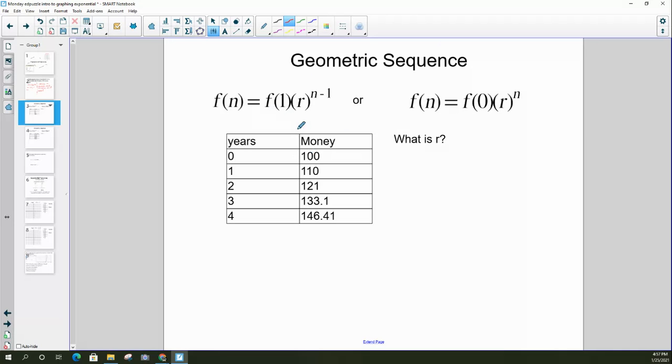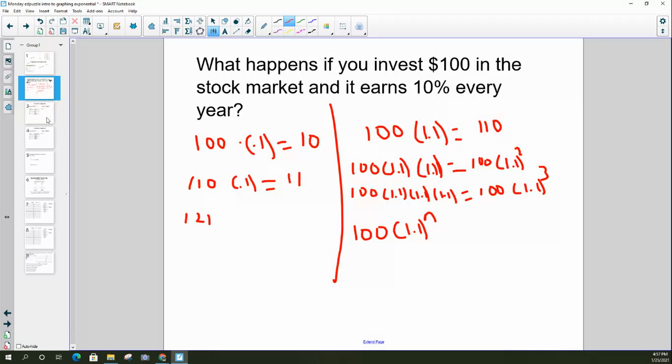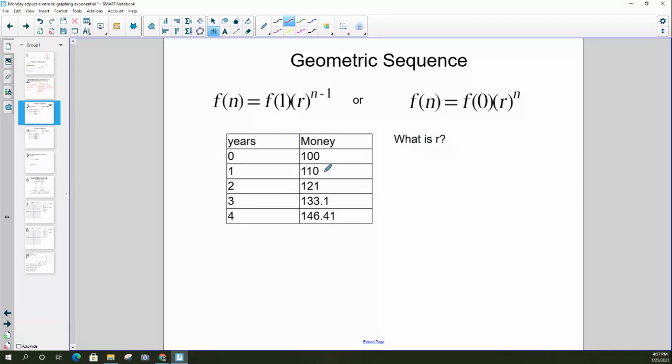Okay, how do we find r? We already know from the previous problem r is 1.1. But how do we figure that out? If you have this sequence here, to figure out r, you just have to divide the second one by the first one, the third one by the second one, and so on. And if it's the same, then you have a common ratio.